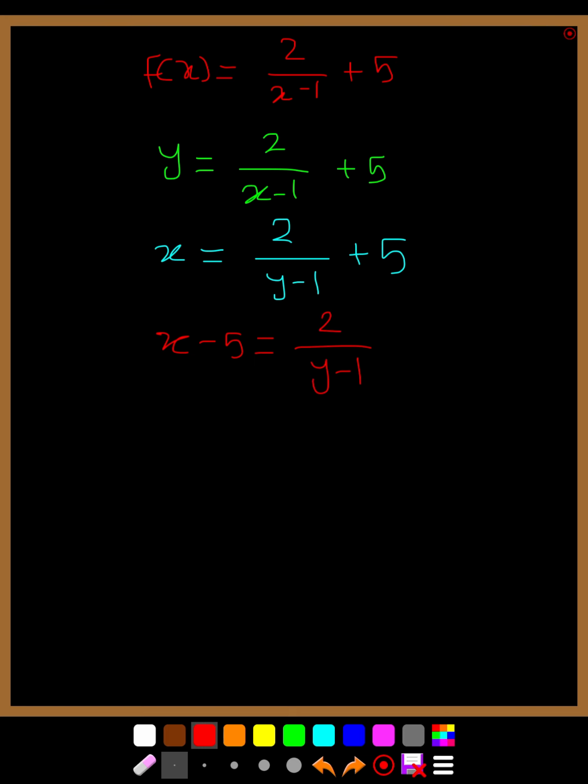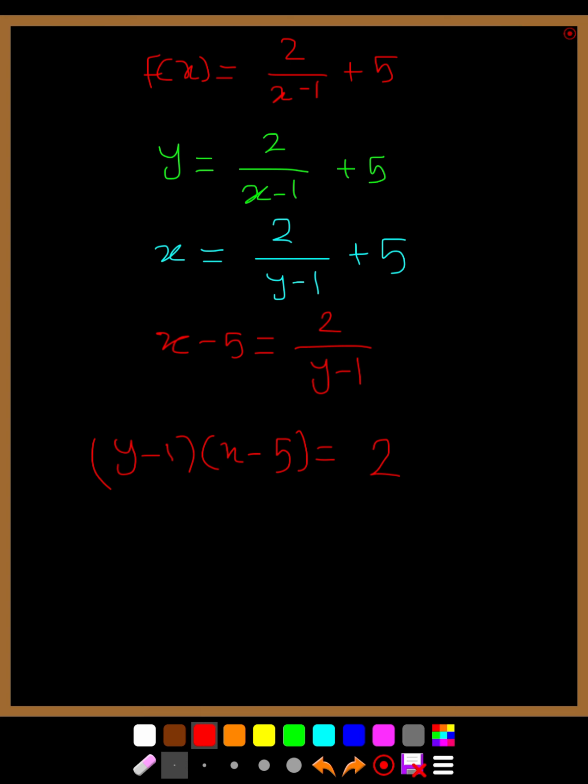Here we need y to be alone, right? So I'm going to multiply both sides by y minus 1, so y minus 1 times x minus 5 equals 2.